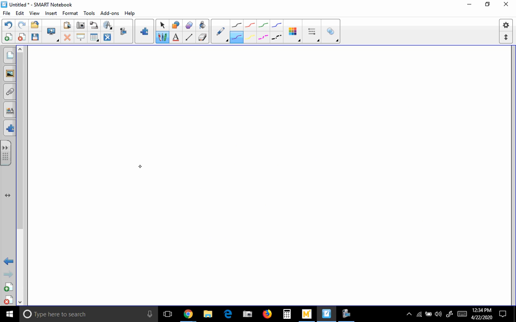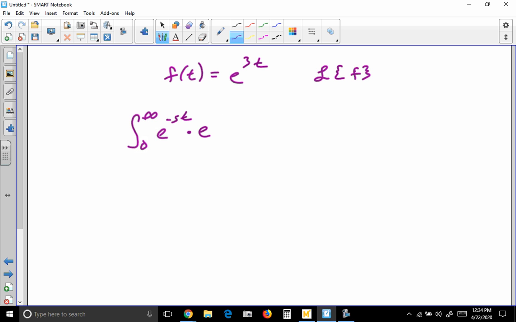So let's look at another example. Let's look at transforming e to the 3t into the Laplace transform, so into s. So we use our formula, 0 to infinity, e to the negative st times e to the 3t dt.